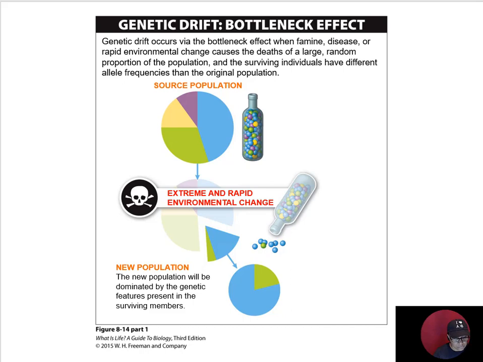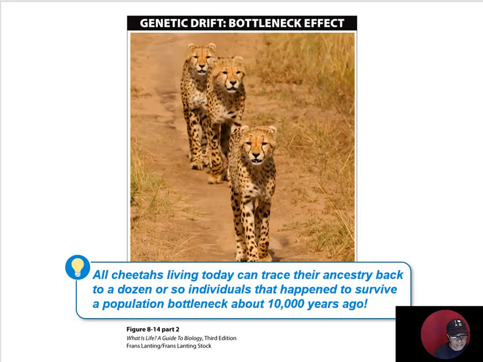Okay? And we see that today in cheetahs. It turns out that all cheetahs living today can actually trace their ancestry back to a dozen or so individuals that happened to survive a population bottleneck that occurred about 10,000 years ago. And so that puts cheetahs in a very delicate position in survival, right?